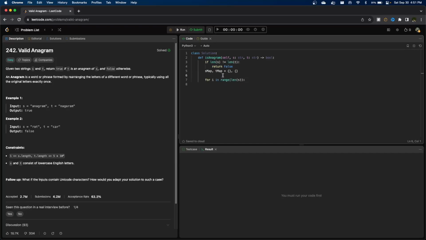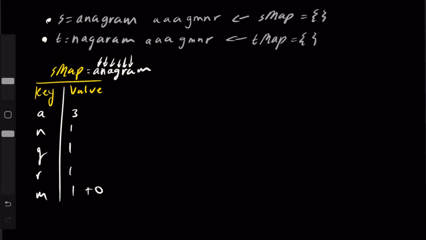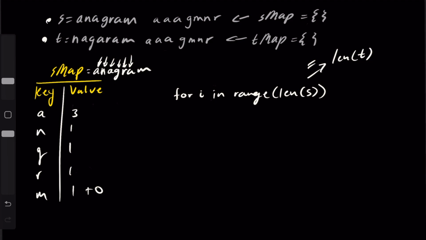So let's go back to the Blackboard. What we're doing here is for I in range of length of S, which is the same as length of T, right? They're equal. And in this case, what is it?